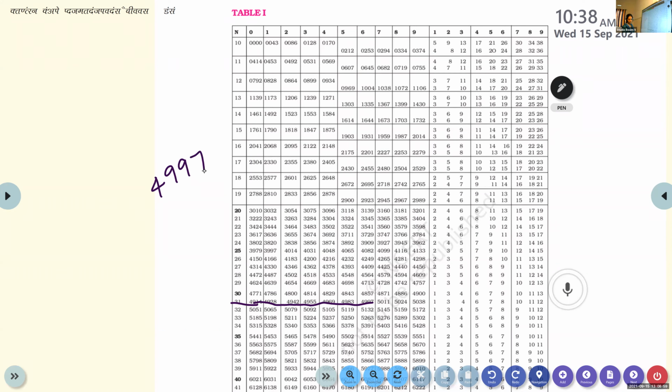Then we have to take for 7. For 7, if you move along the same line, it is 10. So you add 10: 4997 plus 10 gives 5007.